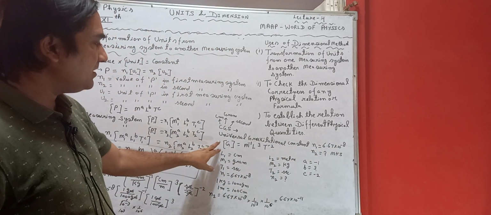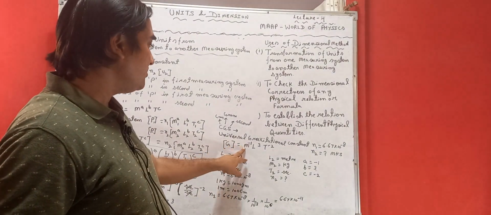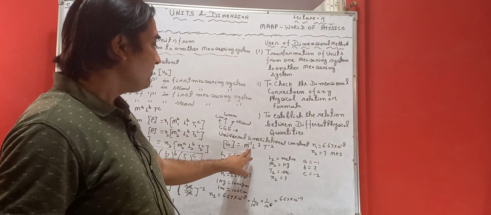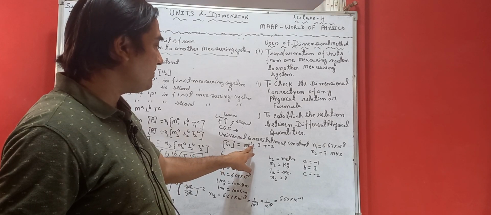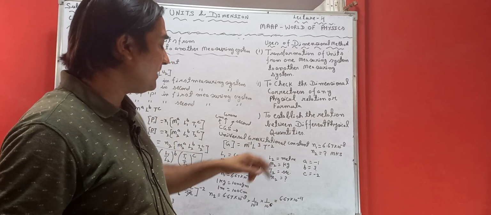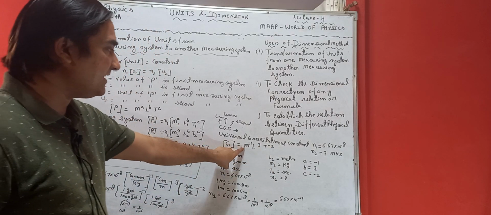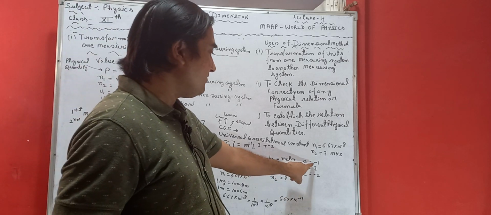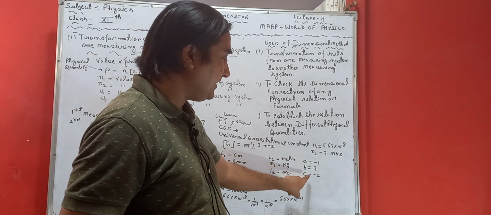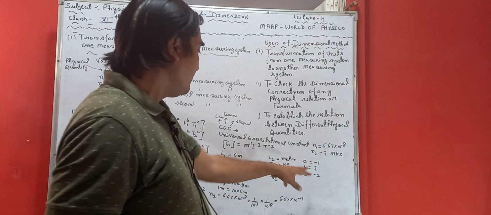The dimensional formula for the universal gravitational constant is M^-1 L^3 T^-2. By comparing, we can say that a is equal to -1, b is equal to 3 and c is equal to -2.